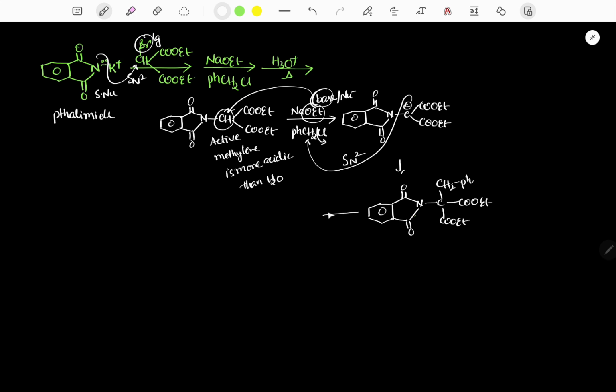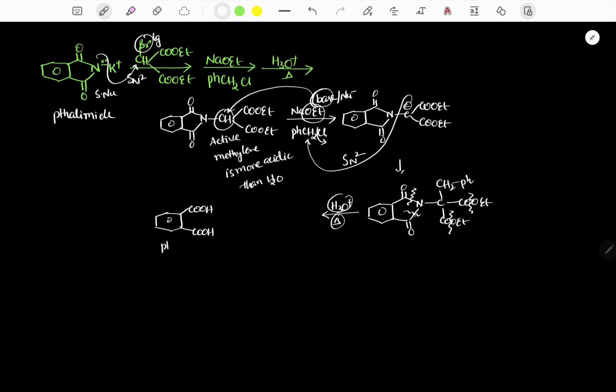Now the product is treated with H3O plus and heat, and here if I look at the molecule, we can look for hydrolysis. Here hydrolysis, here also hydrolysis, here also hydrolysis, here also hydrolysis. Therefore the corresponding product is benzene with COOH, COOH.